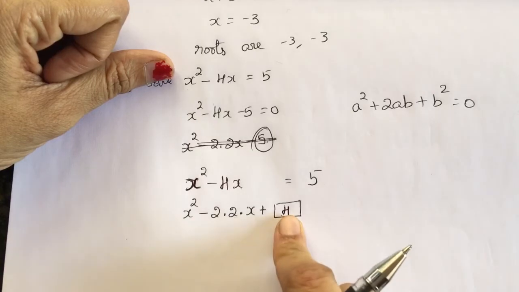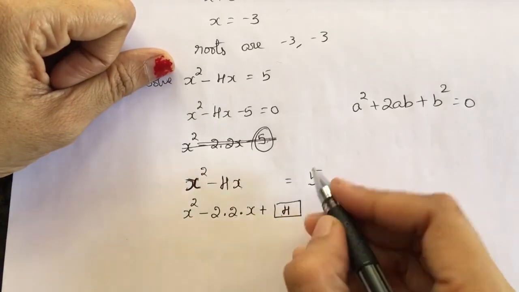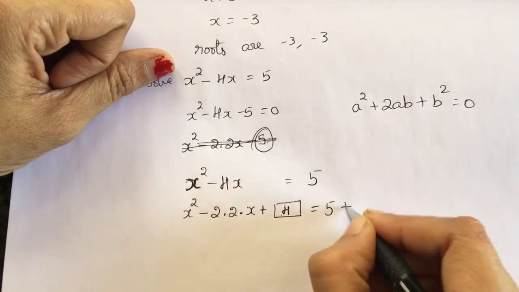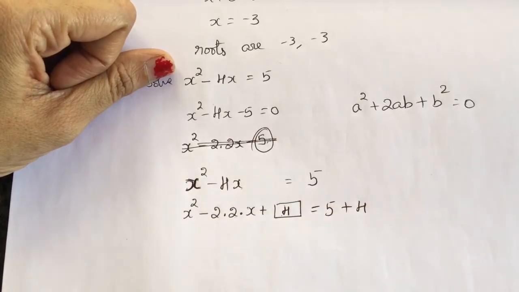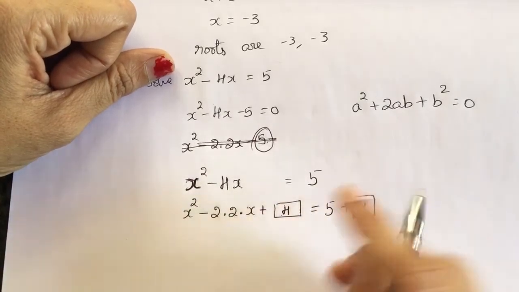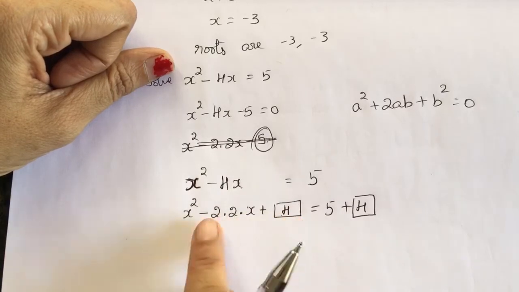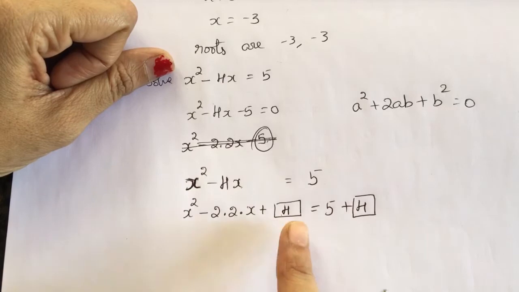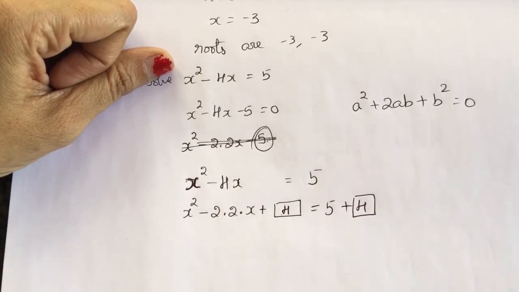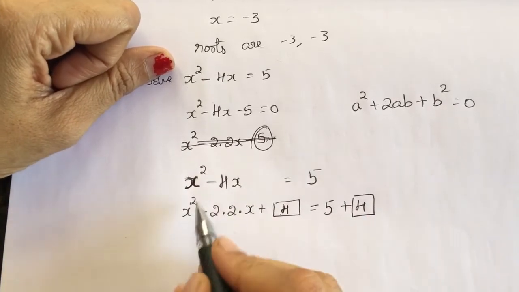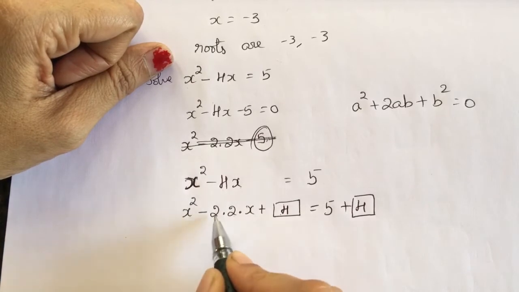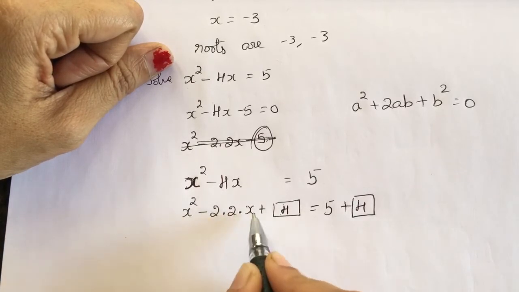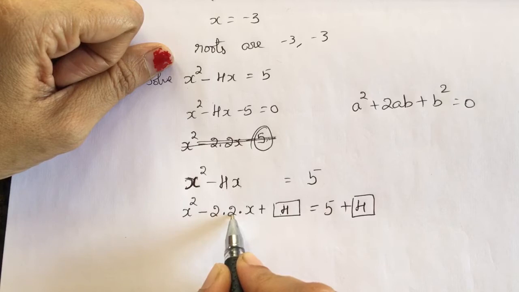If I have added 4 to the left hand side, then I need to add it to the right hand side, right? This is the new number I'm adding on both sides, or you can say I'm just adding and subtracting the whole equation by 4. Hope you got x square minus 2ab. This was my b.